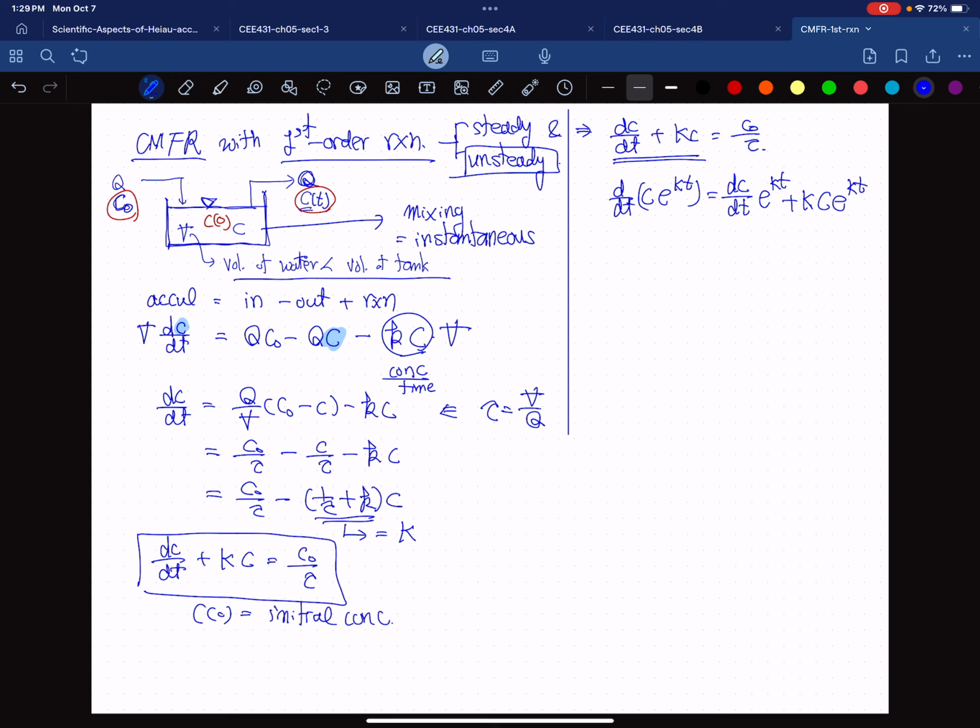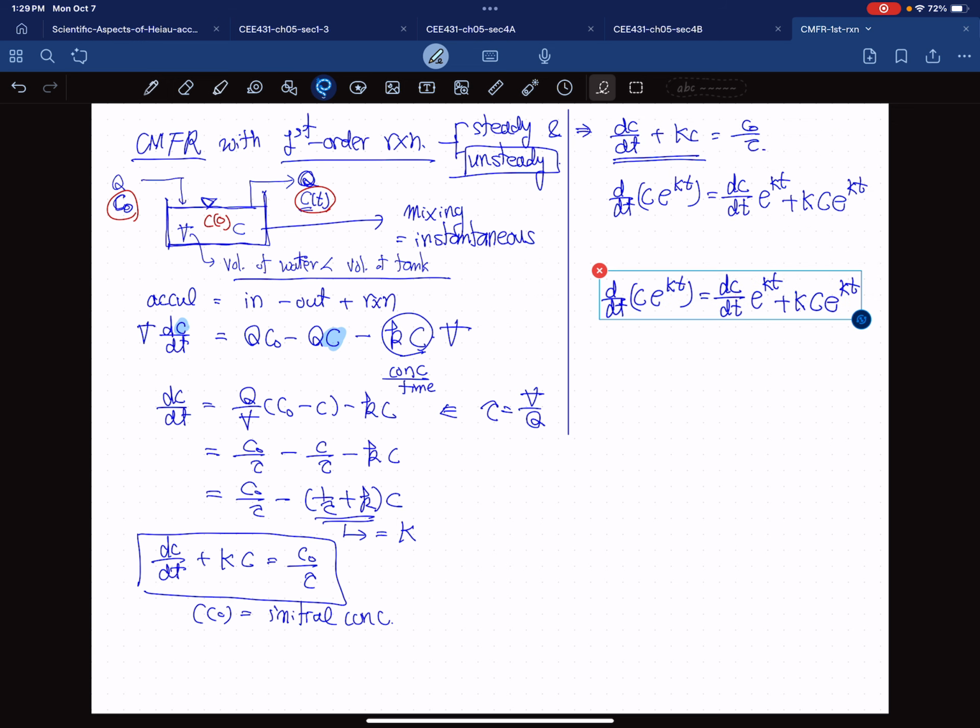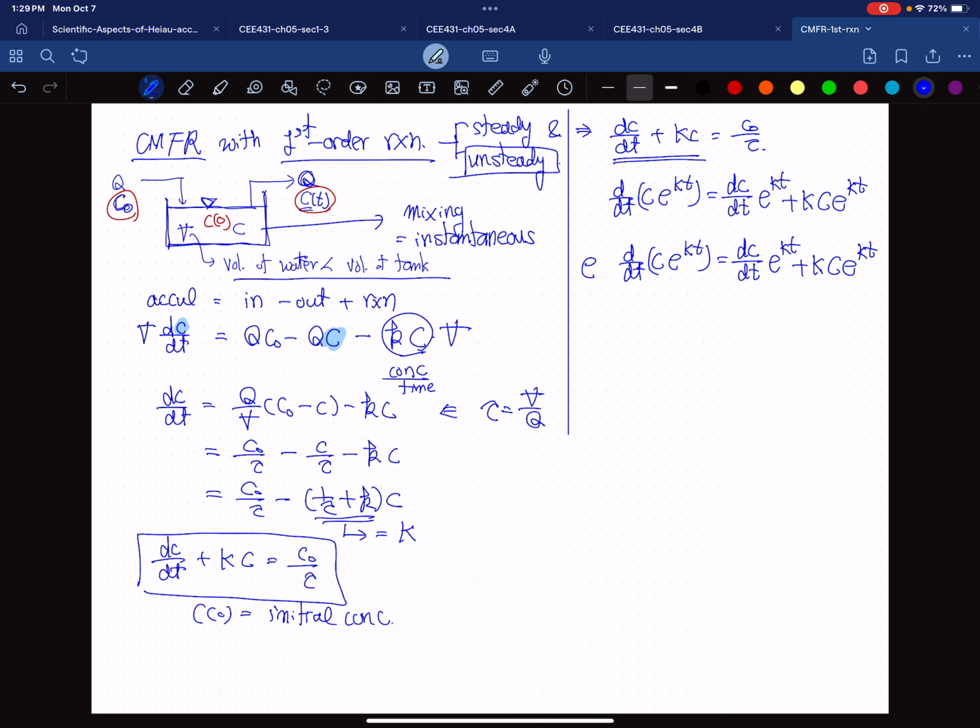If you multiply both sides by exponential negative Kt, then this term disappears. So technically we prove that this term equals that one.